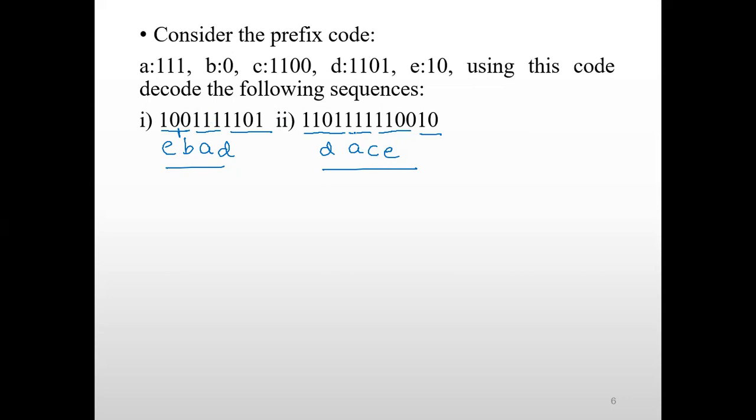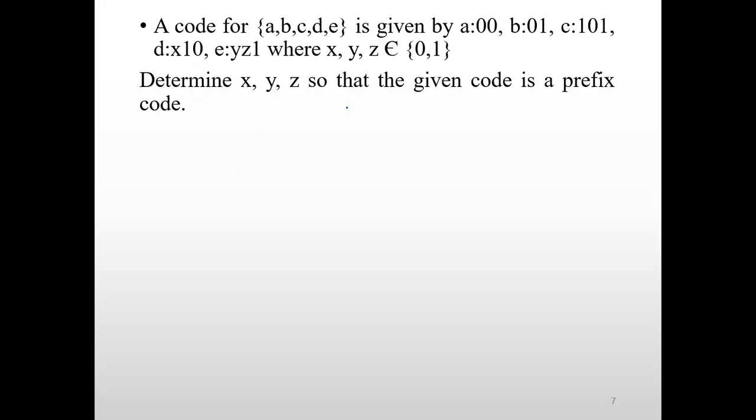So let's move on to the next problem. The code for A, B, C, D, E is given as A is 00, B is 01, C is 101, D is X10, and E is YZ1.